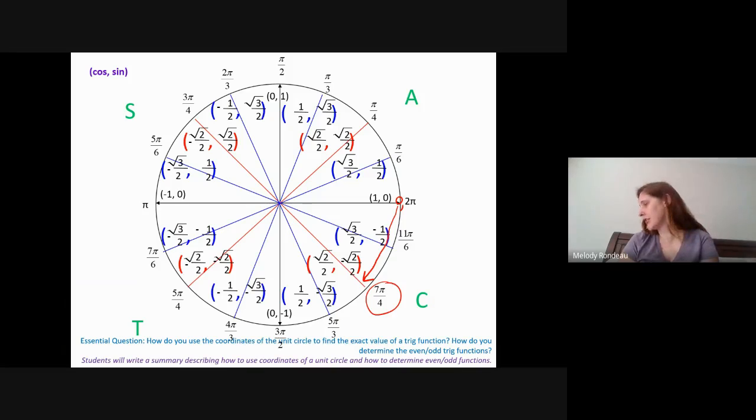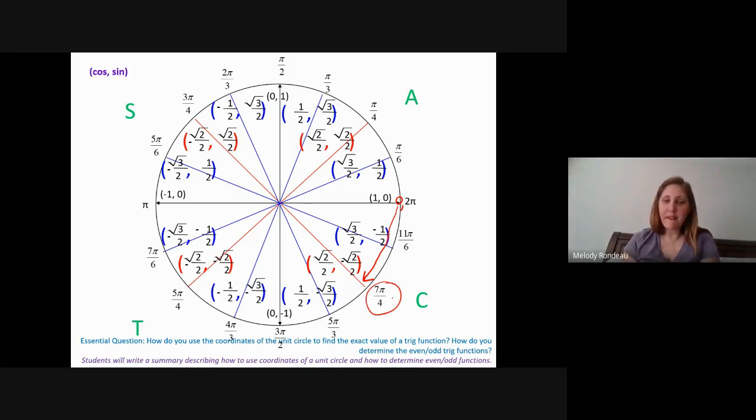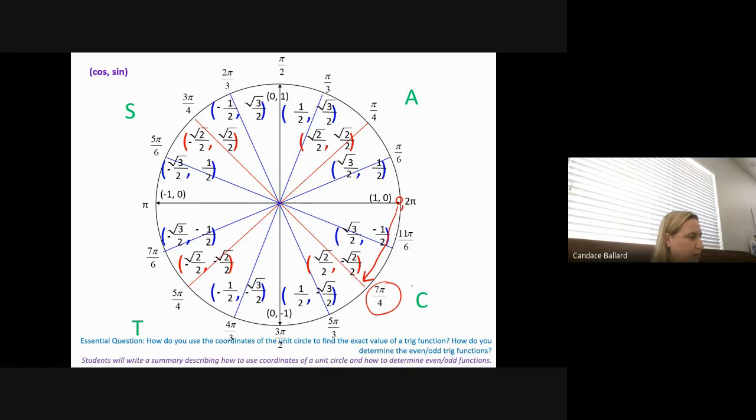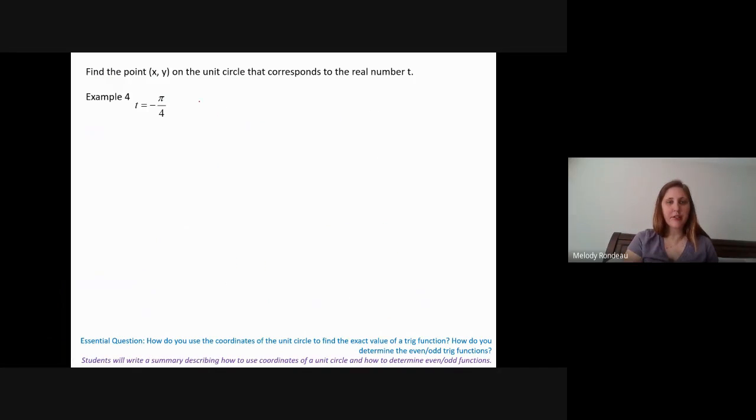Okay, perfect. Then all we're looking for is what are the coordinates, the X and Y, and we can see them right there. √2/2, comma, negative √2/2. So our answer here would be √2/2, negative √2/2.